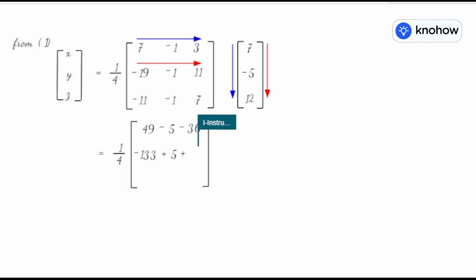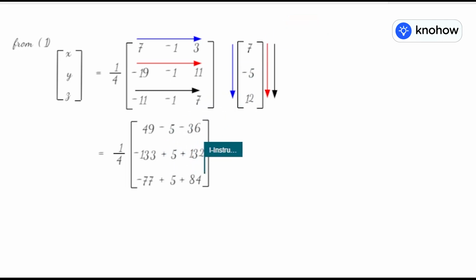And then repeat the same with the third row. You get minus 77 and plus 5 plus 84. Just work it out. It is 1 by 4 times, if you add the elements in all the 3 rows, you get 8, 4, 12.